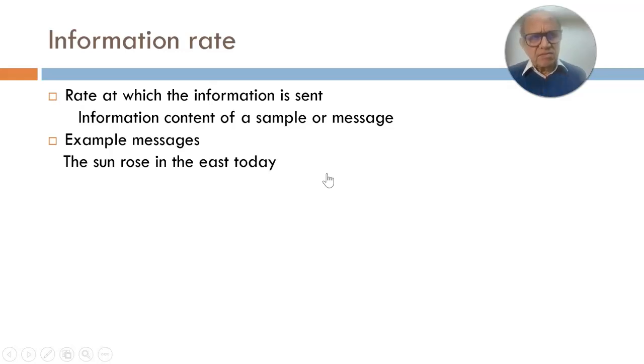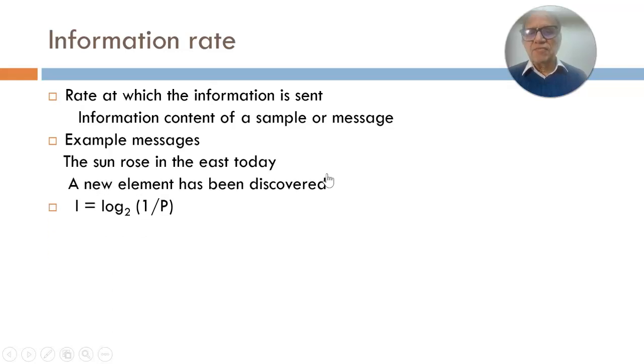So the probability of occurrence of this event is so high that it doesn't give you any information at all. But if you consider a statement which says that a new element has been discovered, then this is something which is not an everyday occurrence. The probability of the occurrence of this event or this message is quite small, and it conveys more information.